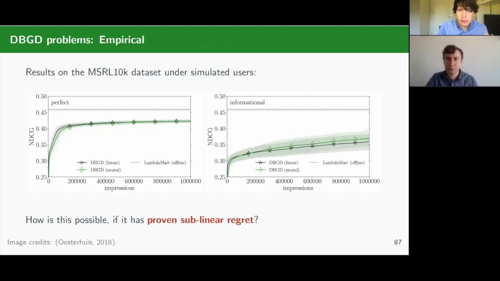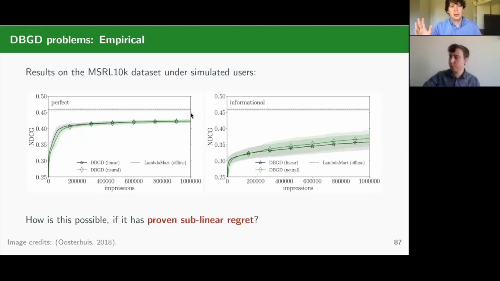So here we have a similar graph we saw before. Queries on the x-axis up to 1 million, NDCG on the y-axis. Dueling bandit gradient descent with a linear and a neural model. And this line up here is if we run LambdaMART, so an offline model. This is a simulation, so we know the ground truth relevance.